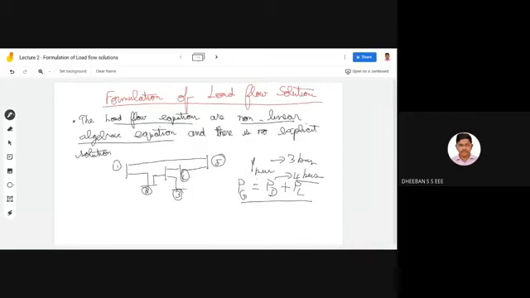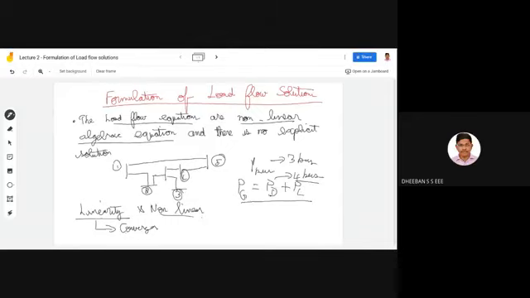This equation is not a linear equation. You know about linearity and non-linearity, right? If a system is linear, then the solution converges very fast. It is easier to find the solution for a linear system compared to a non-linear system.